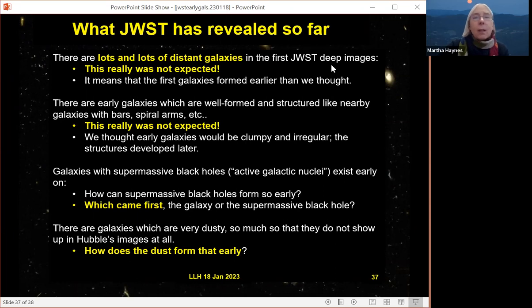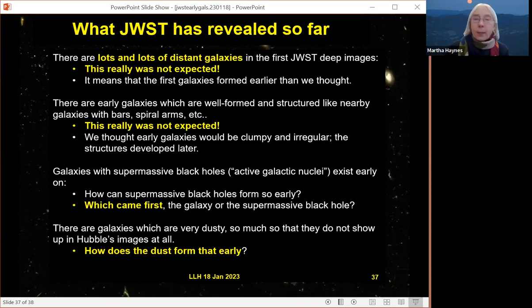But it turns out there are lots and lots of distant galaxies in the JWST images. This really wasn't expected, and it means that the first galaxies formed earlier than we thought they did. Most of our understanding of the early universe does not make this prediction, and so our understanding needs to be revised.